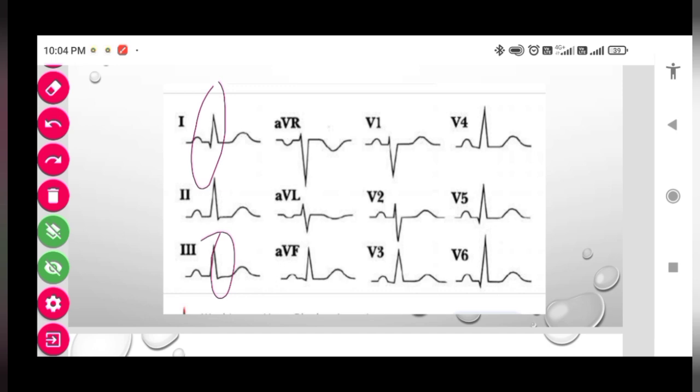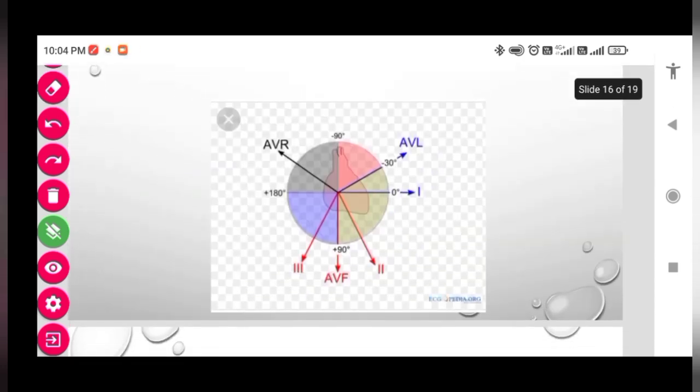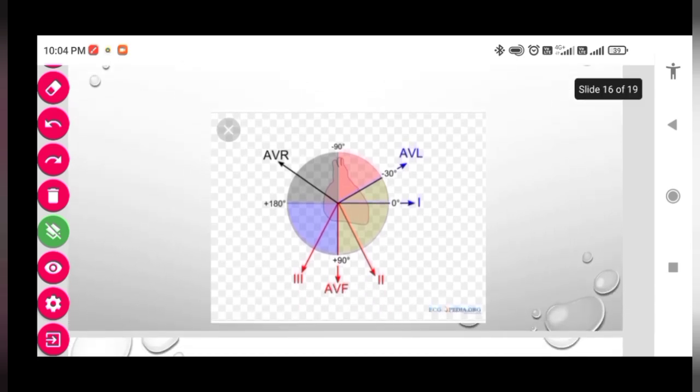Because when the electrical impulses are spreading from the SA node to the AV node along the cardiac axis, the P wave and QRS wave are represented very strongly. But when you take a part of it, that is, a vector split into two parts, along lead 1 the impulse is slightly smaller. Okay, right.